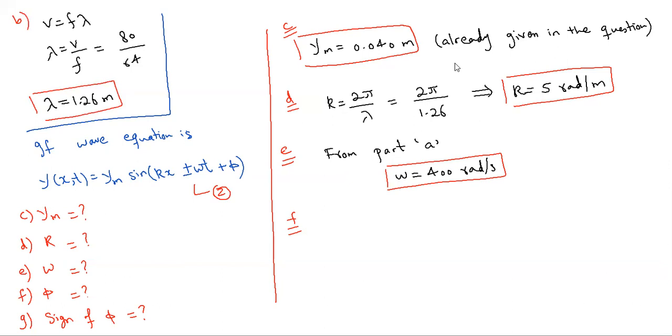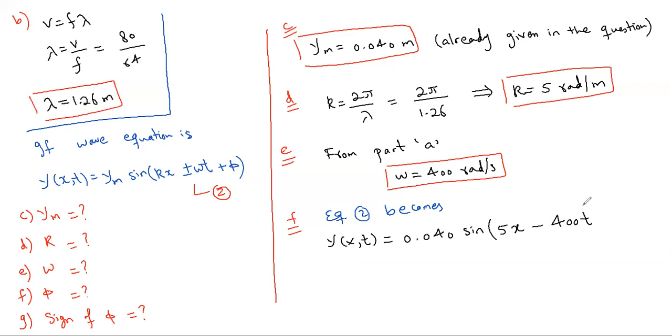Equation number 2 becomes, by putting all the calculated values, y of x, t equals 0.04 sine of 5x minus 400t plus phi.